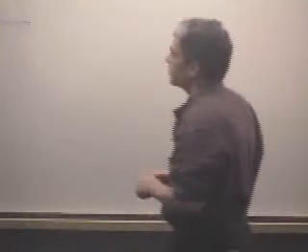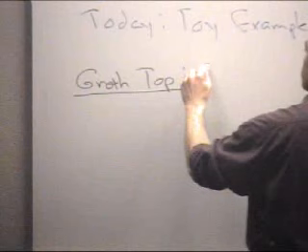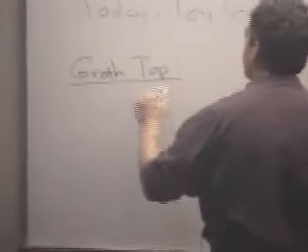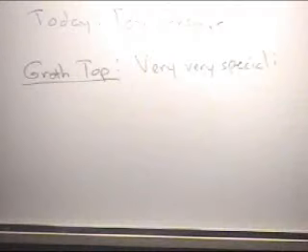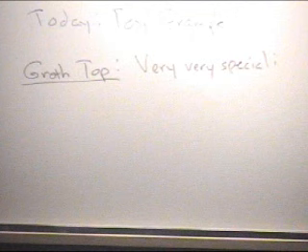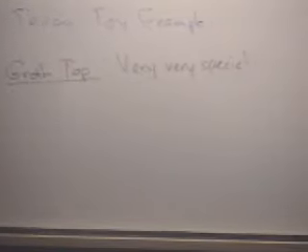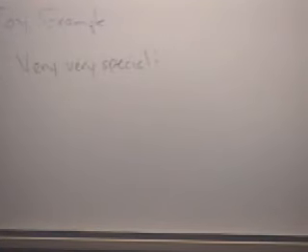So the examples. By Grothendieck topology, I'll look at the very, very special case where you basically have a finite category with certain properties. So you have a directed graph.